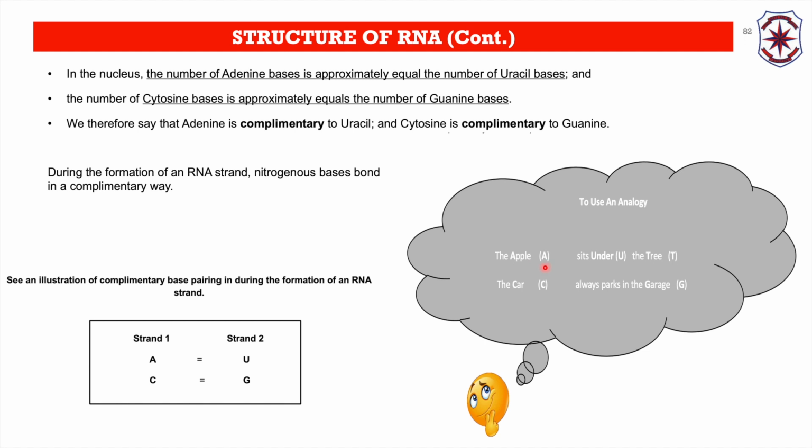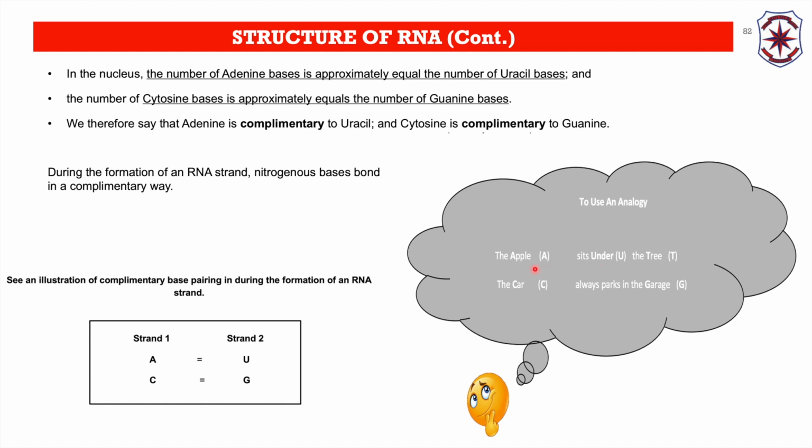Okay, in DNA, he takes the wife thymine, but in RNA, he takes the wife uracil. Okay, I hope this makes sense to you as much as it is making sense to me. Sometimes it surprises me the things that I think about. So in DNA, adenine will bond with thymine, but in RNA, adenine will bond with uracil.